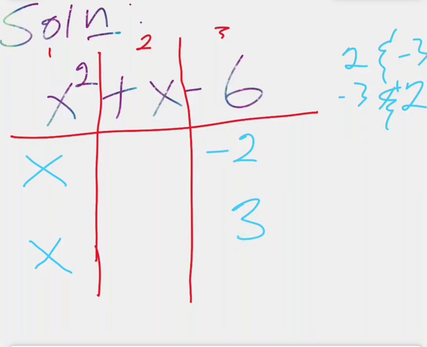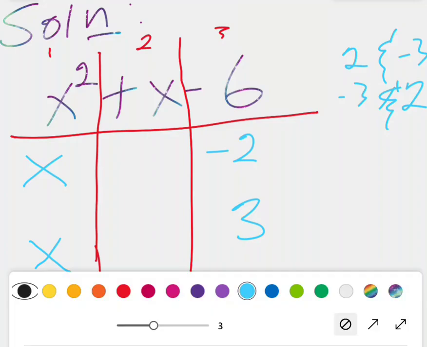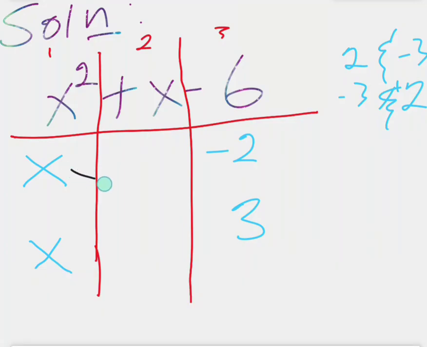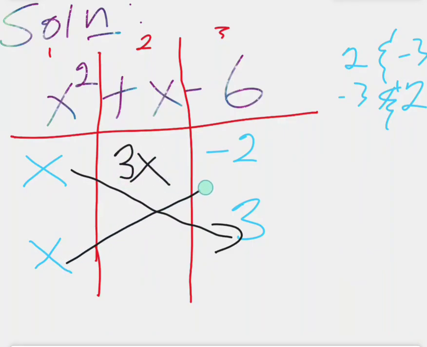So multiplying the diagonals, I have x multiplying 3, so I'm going to have 3x. Then x multiplying negative 2 will give me negative 2x. Don't forget, if I multiply these two, it gives you x squared. If I multiply these two, it gives you negative 6. If I add these two, it gives you positive 1x.